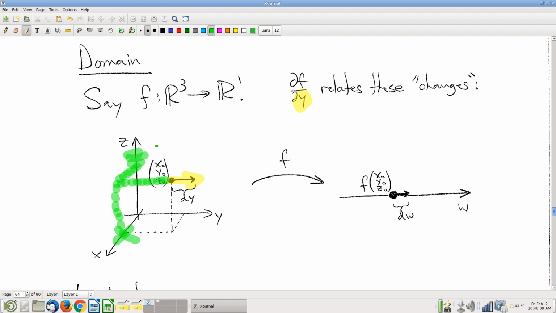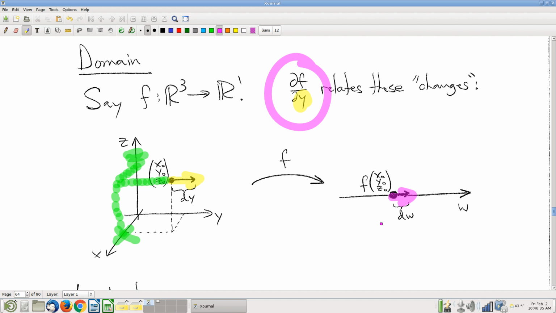And as you go in that Y direction, the partial derivative says how fast is the output changing. So the partial derivative is the relationship between this yellow input change in the domain and this purple output change in the target. What's the relationship between input changes and output changes?